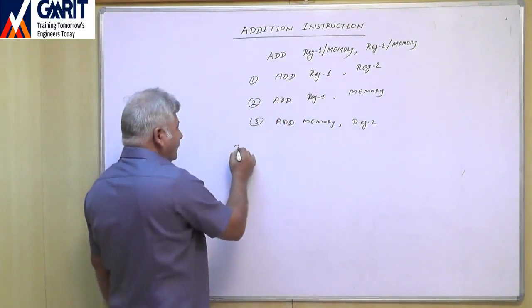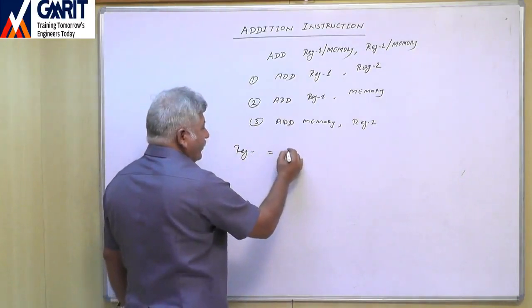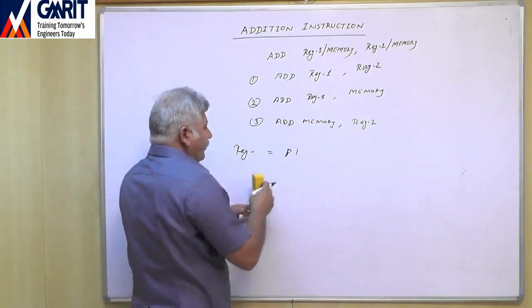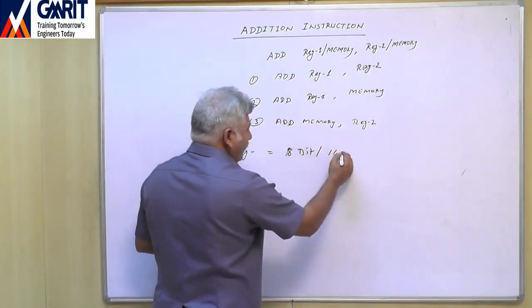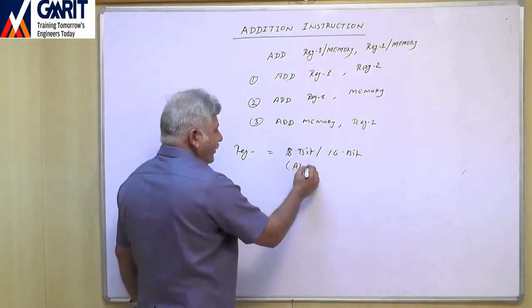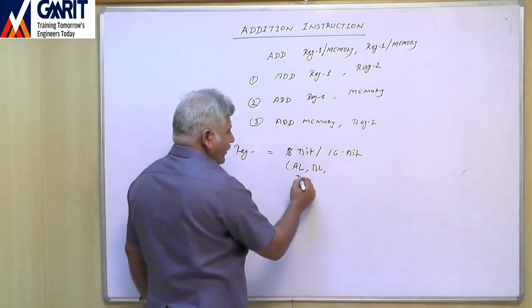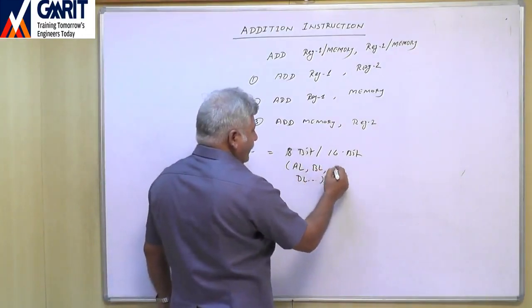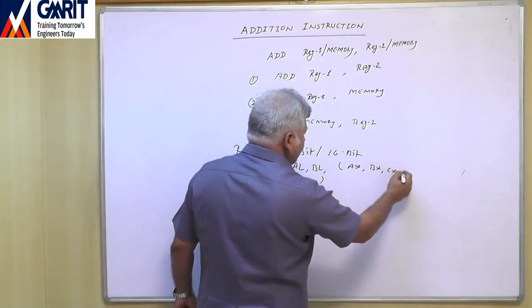Now these registers can be 8-bit or they can be 16-bit. For example, for 8-bit it can be AL, BL, DL, anything like this. And 16-bit means AX, BX, CX, like this.